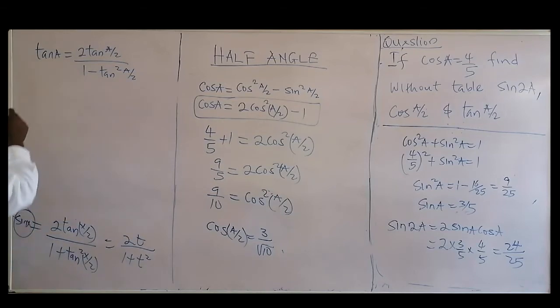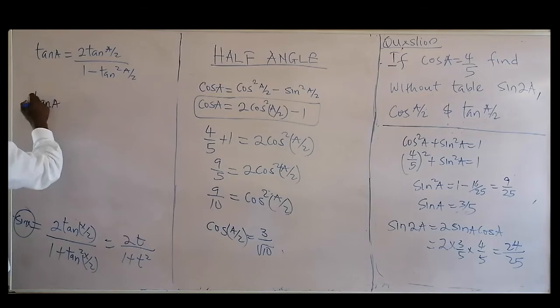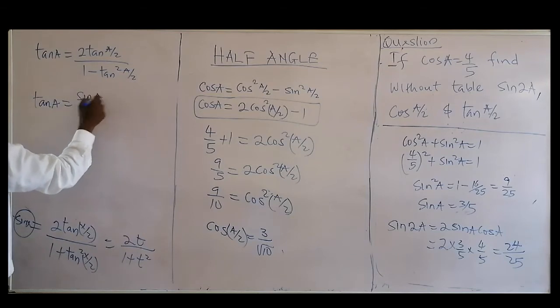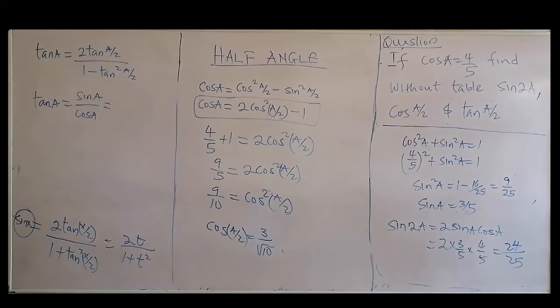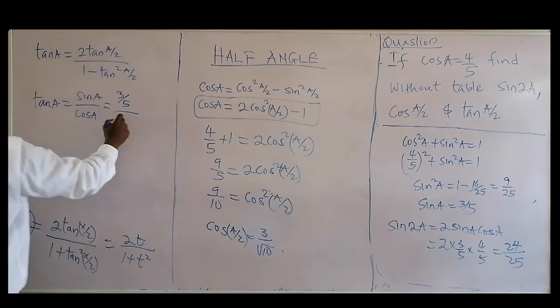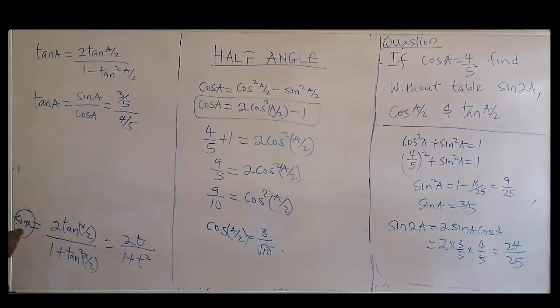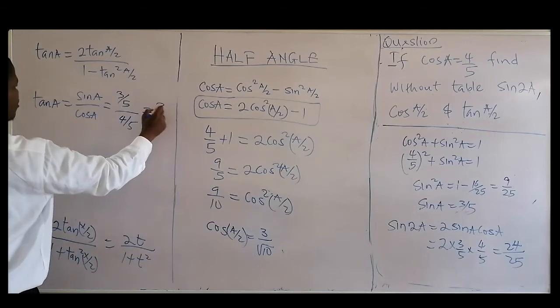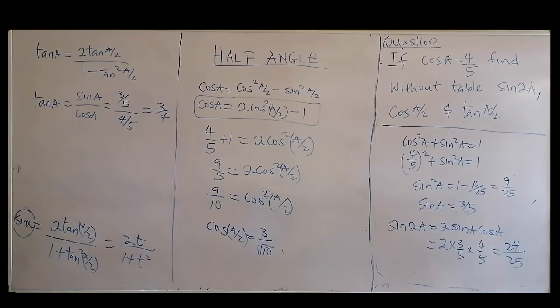So tan A is equal to what? Tan A is equal to sine A over cos A. My sine A is 3 over 5, and I have my cos A, that's the given information, 4 over 5. So with that, that will give me 3 over 4. That's tan A, 3 over 4.